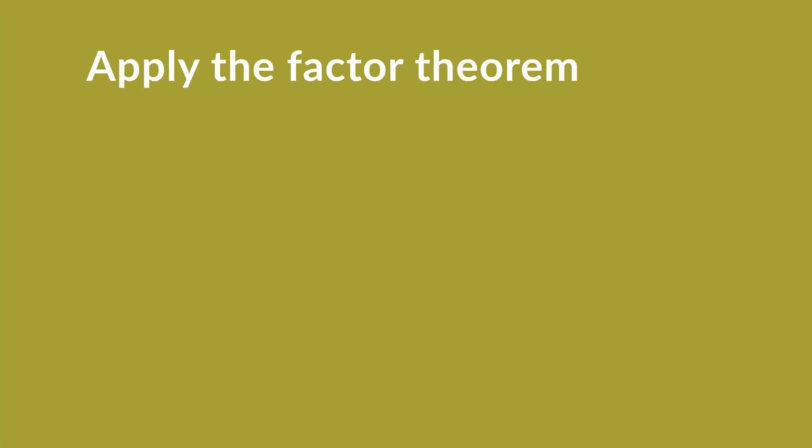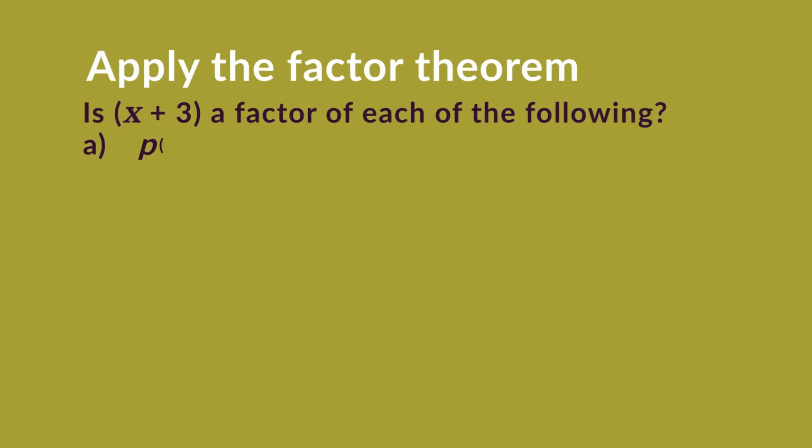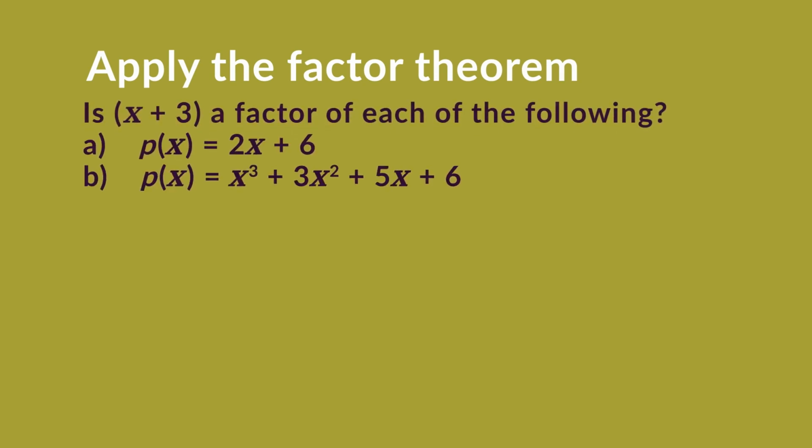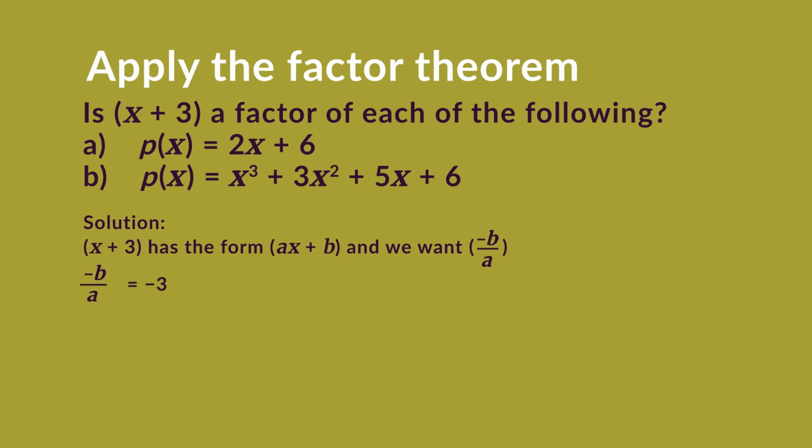Let's do an example to apply the factor theorem. Is x plus 3 a factor of these two polynomials? First, we need to find the root of the linear polynomial x plus 3, which is given by negative b divided by a. It is negative 3. In a, if we substitute negative 3 into the polynomial, we find an answer of 0.